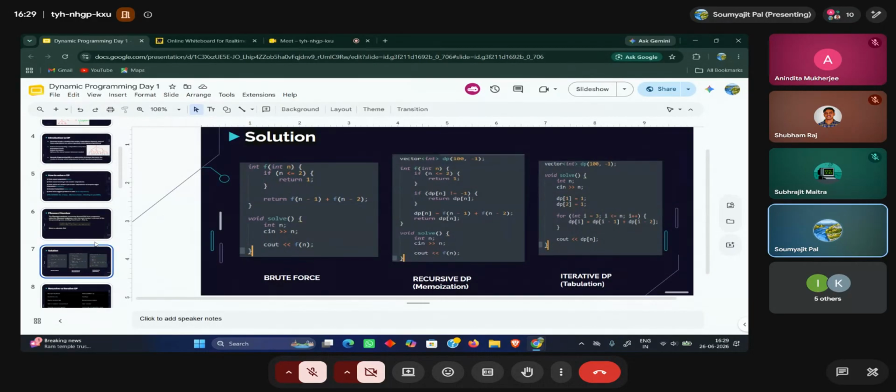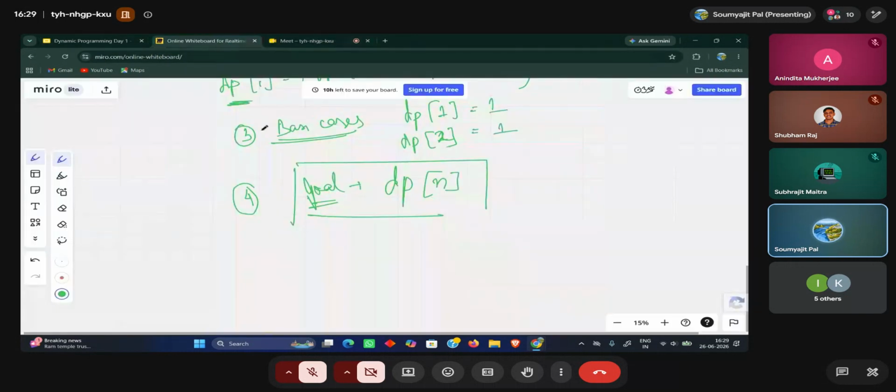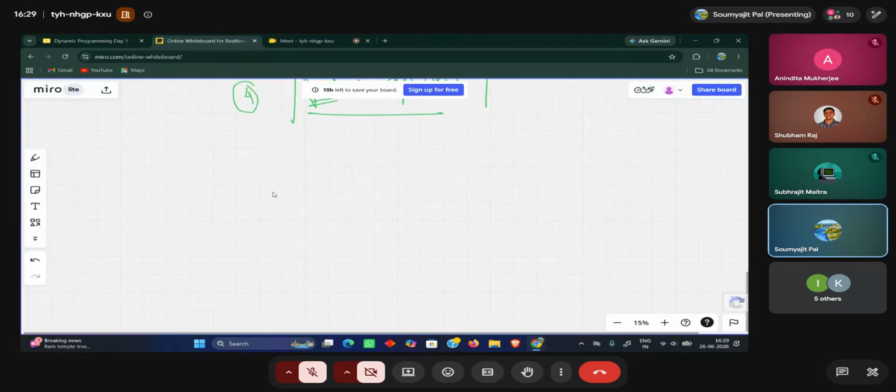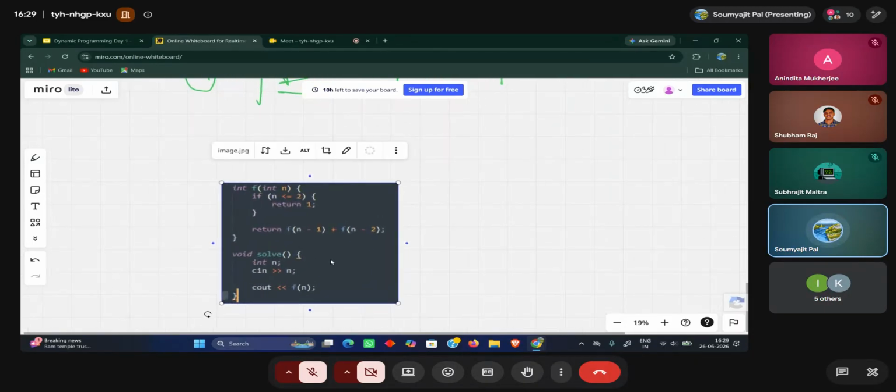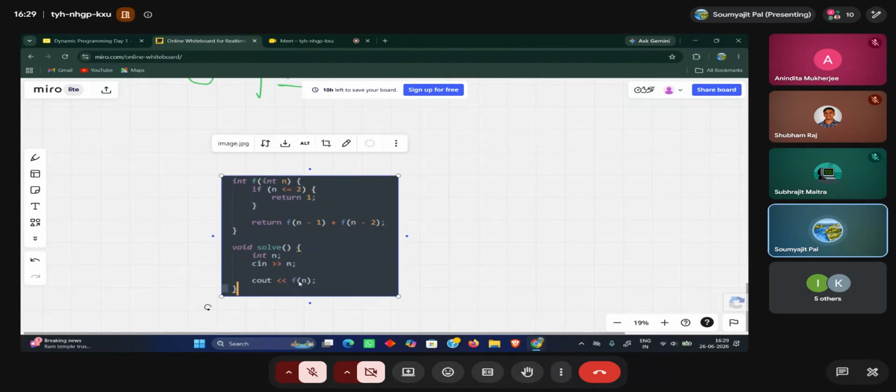Now, if we look at the codes of DP, the Fibonacci number. This was my initial brute force recursive approach. I was computing Fn, which is nothing but returning the value of Fn minus 1 plus Fn minus 2, and these are my base cases.